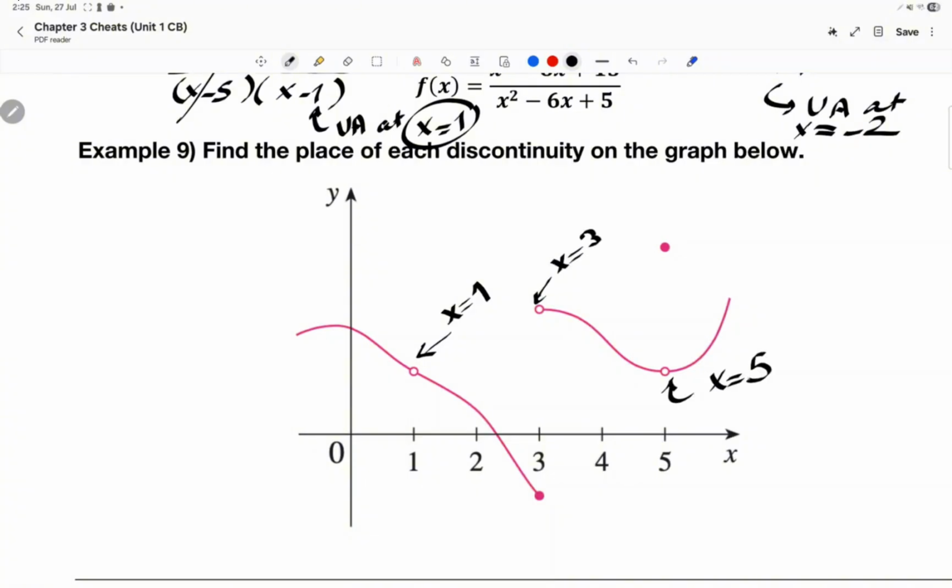Tell me their types, please. If the graph is connected, we call it... If the graph is disconnected... very good. Okay.